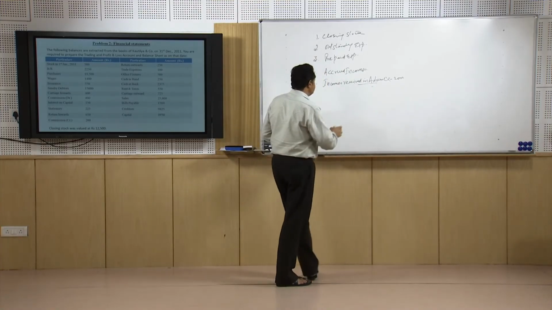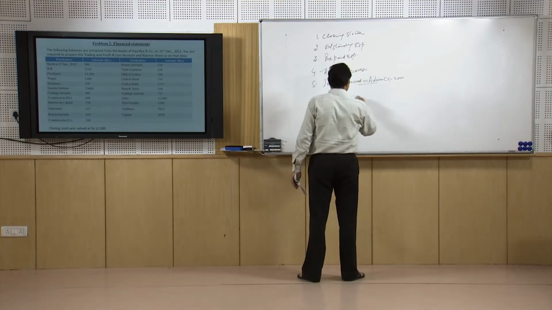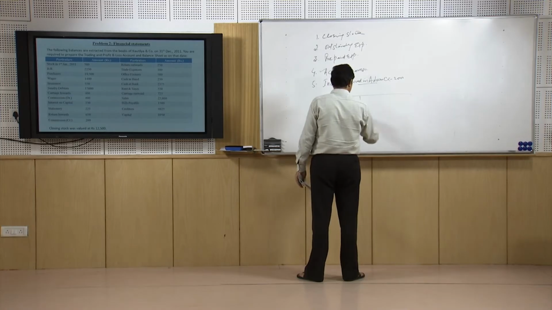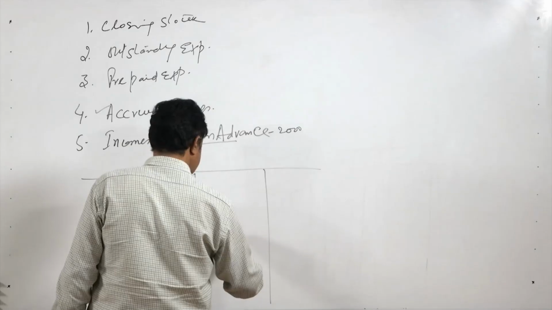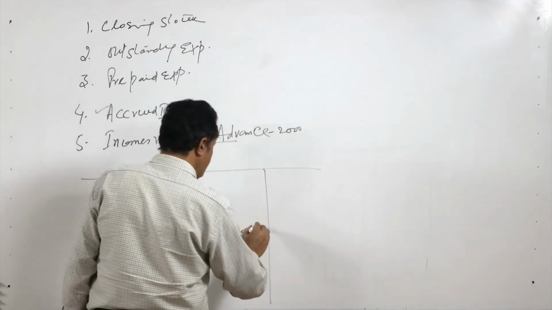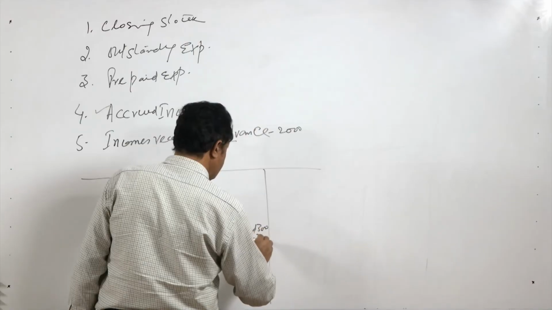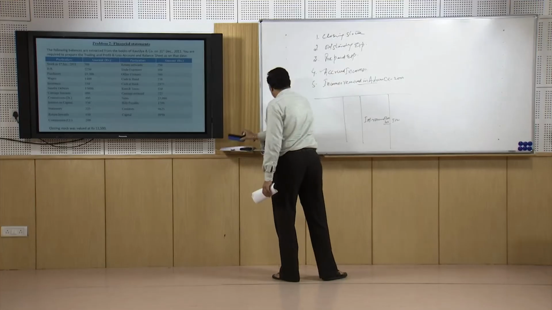In the profit and loss account, what treatment did we give to this item? We showed it on the credit side as interest income, interest received. Earlier we showed 3000 and then we added 2000, so it became 5000. But now we will have to do the reverse.